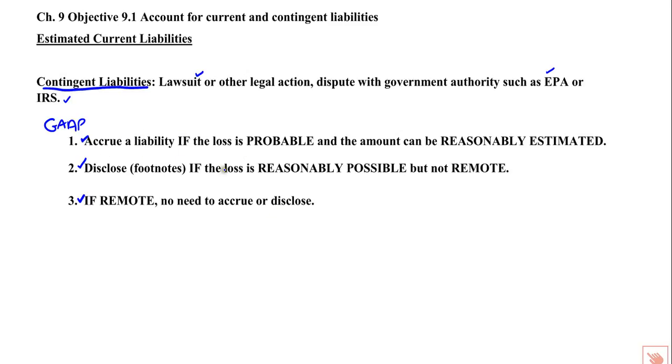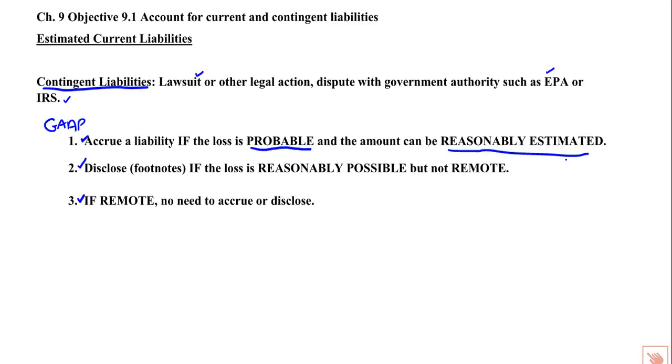You're going to accrue it if the loss is probable. In accounting, this term is known in the profession. It doesn't necessarily mean 51% or greater than 50%. It means that there's a significant chance it could happen. Some people might think 30% or even 20% is probable. The second thing is, to accrue it, it has to be reasonably estimable.